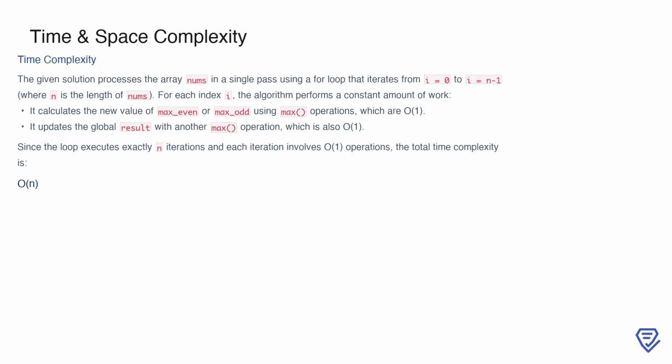Additionally, it updates the global result variable with another max operation, which is also O(1). Since the loop runs exactly once for each of the n elements in the array, and each iteration involves a fixed amount of work, the total time complexity of this solution is O(n). This makes the algorithm highly efficient for determining the maximum alternating subarray sum.